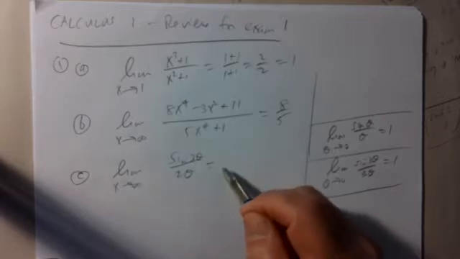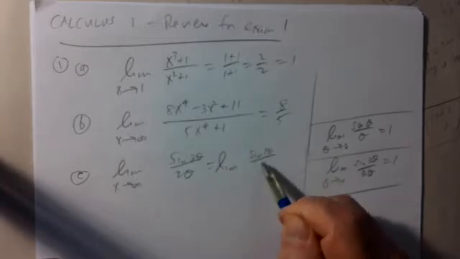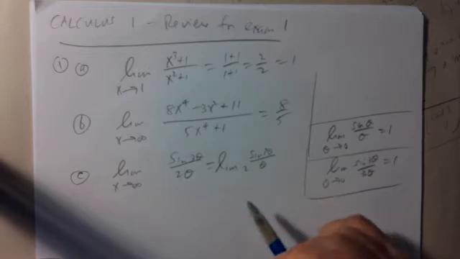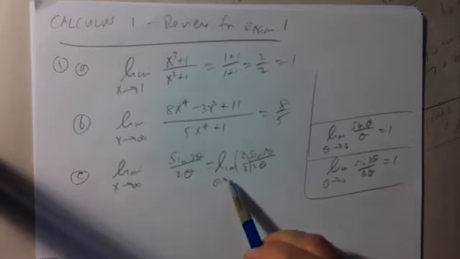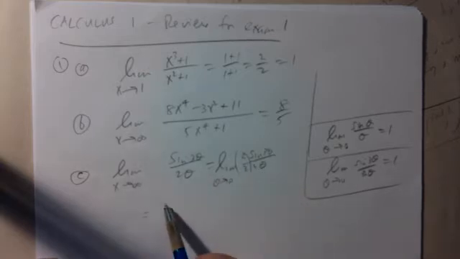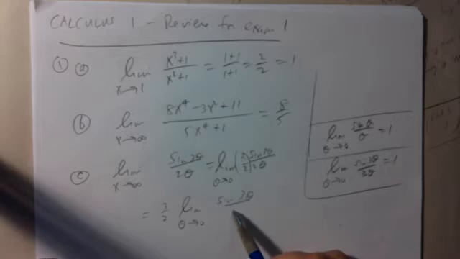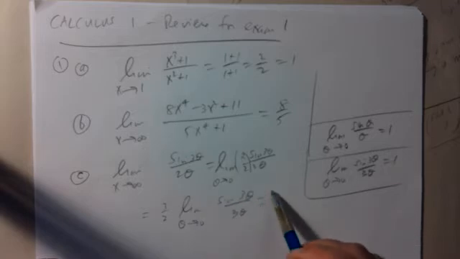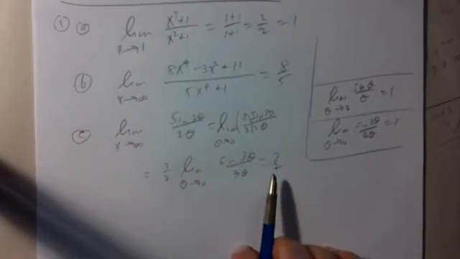But we can certainly write this as the sine of 3 theta over 2 theta. If I multiply the numerator and the denominator by 3, that's certainly legitimate. This is like 3 halves sine 3 theta over 3 theta. So that's 3 halves times the limit as theta goes to 0 of sine of 3 theta over 3 theta. And that's 3 halves times 1, or 3 halves. And that's the answer.